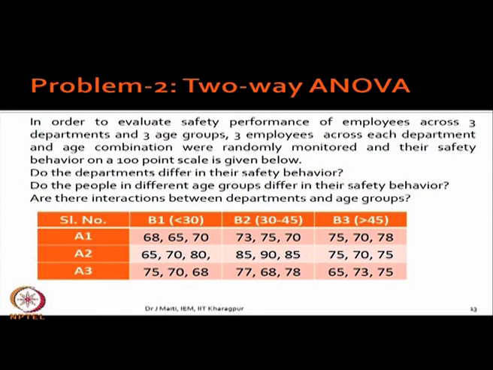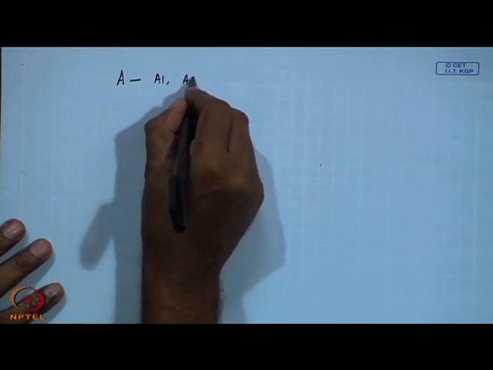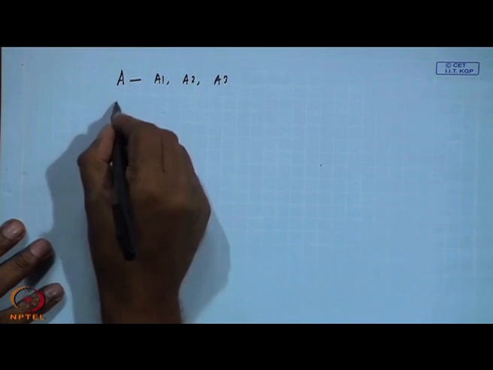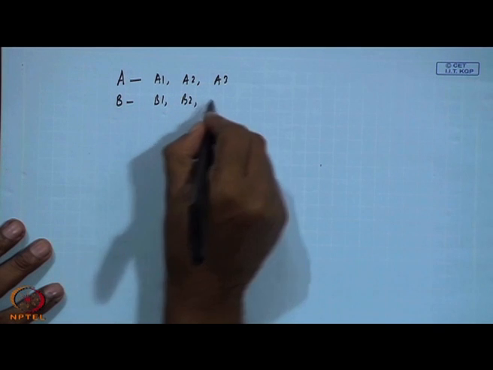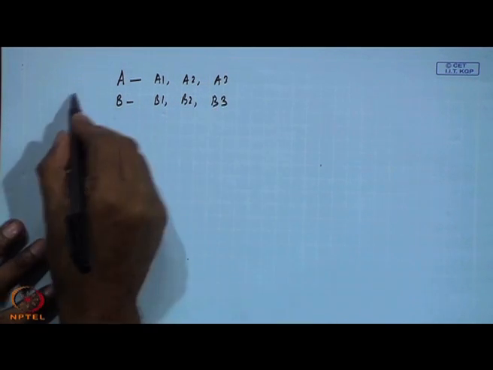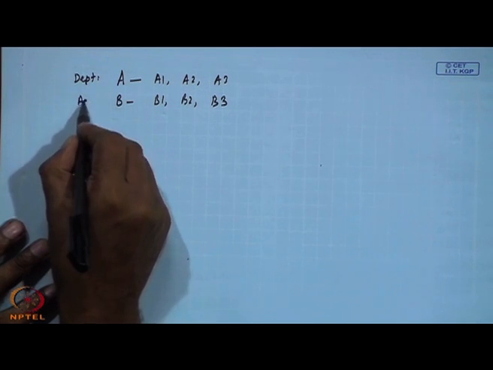Department is one factor, that is A, and age is another factor, that is B. The A factor has 3 levels, A1, A2 and A3, and the B factor, which is the age factor, also has 3 levels in this example. So, A means department, B is the age.